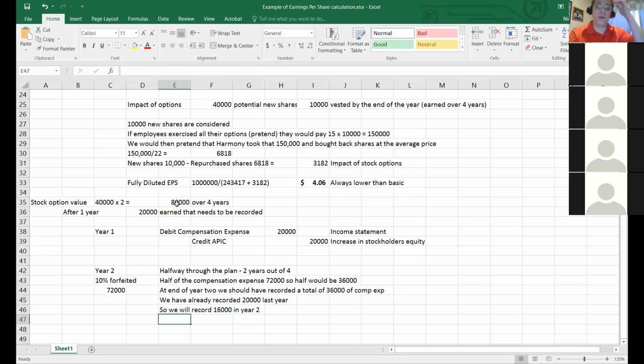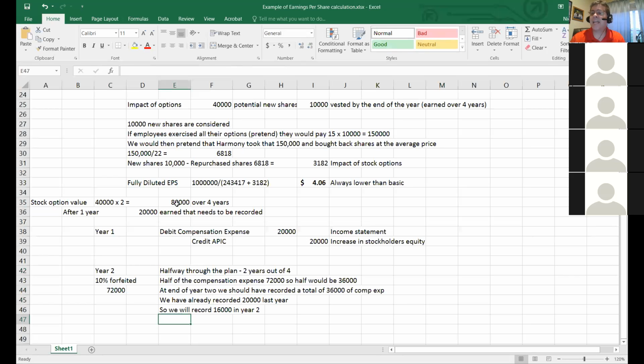Your journal entry looked the same as the debit compensation expense and credit additional paid in capital, but you do make an adjustment for the forfeited amount. But you don't go back and fix year 1, right?